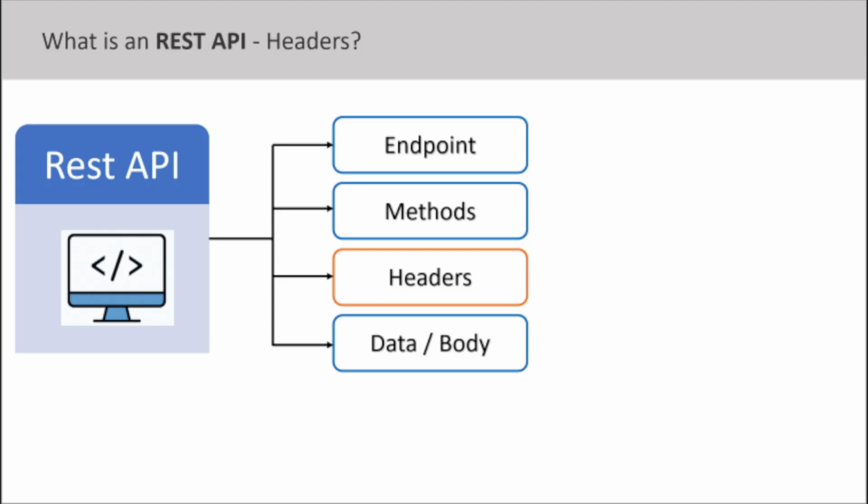Okay. So let's talk about headers in a REST API. The first thing to know is, what are headers? Well, think of headers as little notes or tags that travel along with your API request or response. They don't carry the main data, but they tell the API how to handle that data.